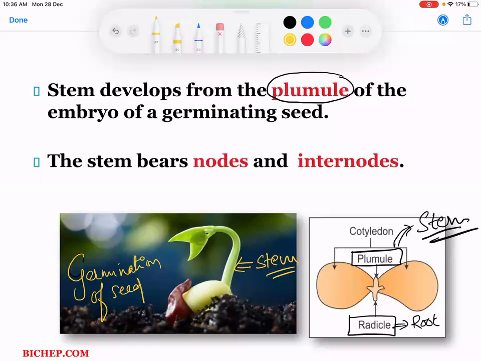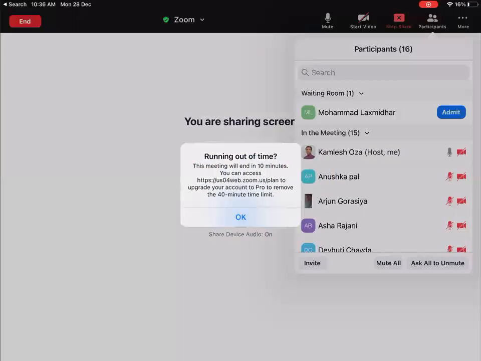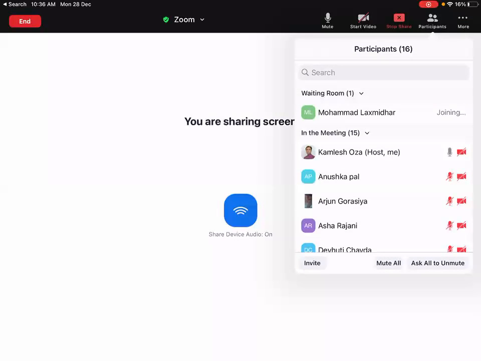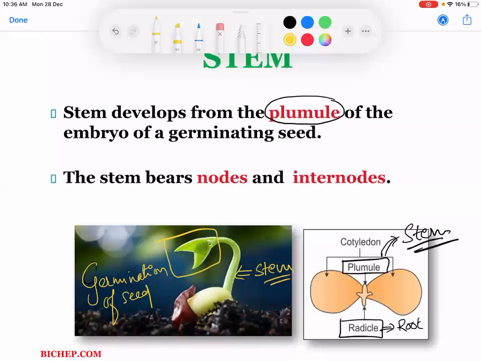The stem always produces leaf first. Why?